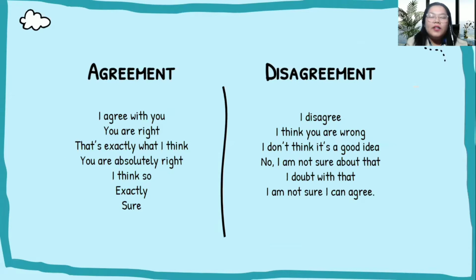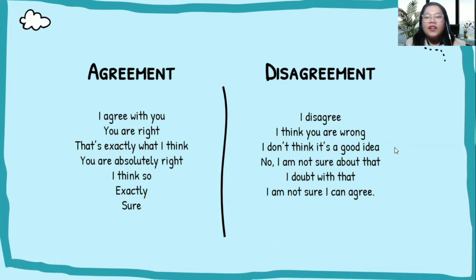And these are some examples of agreement and disagreement. I will read the agreement first. I agree with you. You are right. That's exactly what I think. You are absolutely right. I think so. Exactly. Sure.